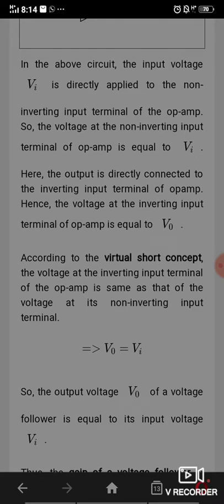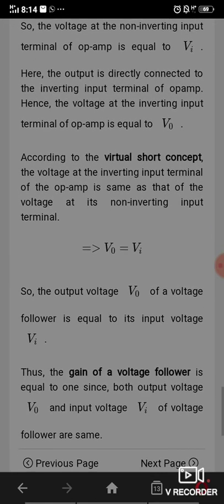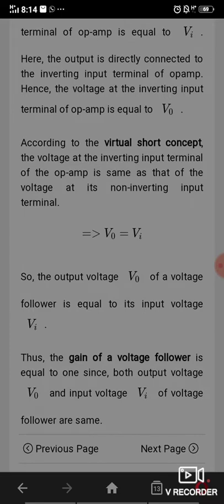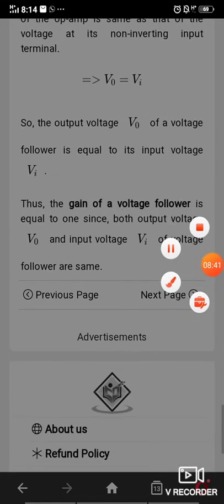So Vo equals Vi. The output voltage of the voltage follower is equal to its input voltage Vi, thus the gain of the voltage follower is 1.